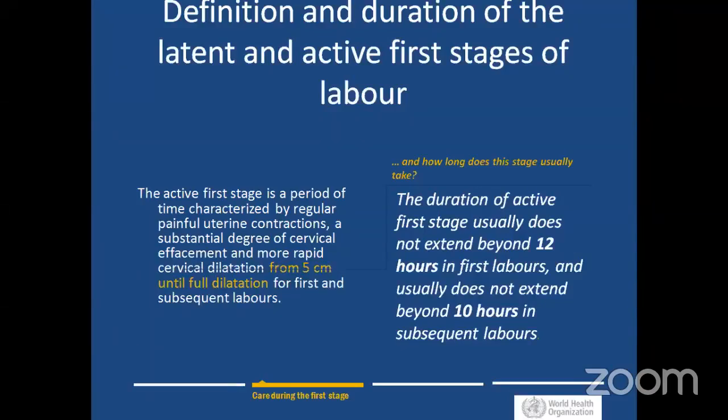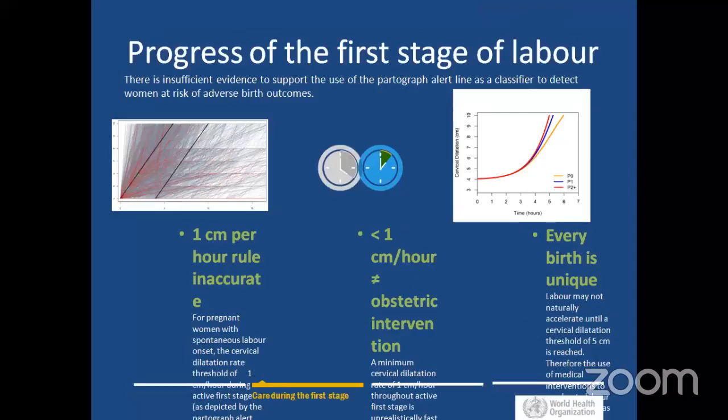So now you have the answer to the duration of the first stage of labor. And as a result of that, what we understand is that the 1 centimeter per hour rule is inaccurate. We should not follow that rule. It can be quite less than 1 centimeter per hour. And if it is less than 1 centimeter per hour, it does not mean that we start intervening.